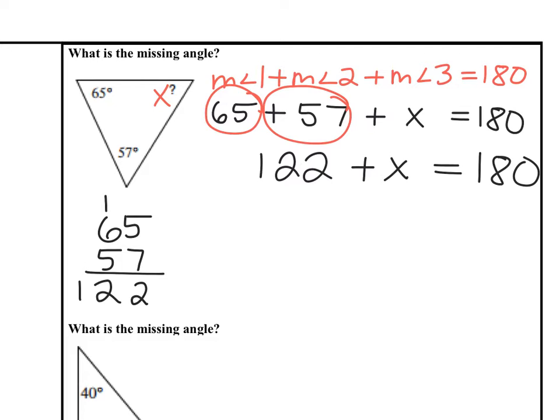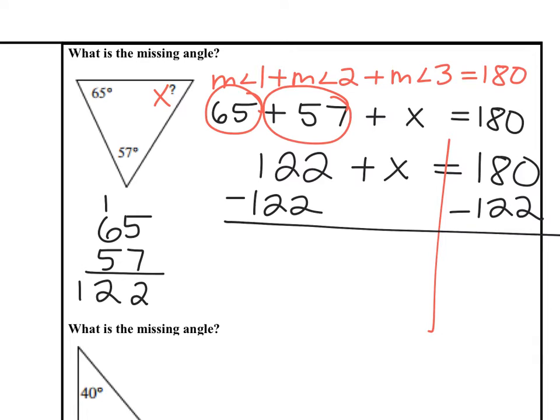If you're ahead of me, please be respectful of those who are with me right now. Sebastian, how do I get rid of 122? Yeah. Since that's positive and it's out front, I subtract it. That cancels out.